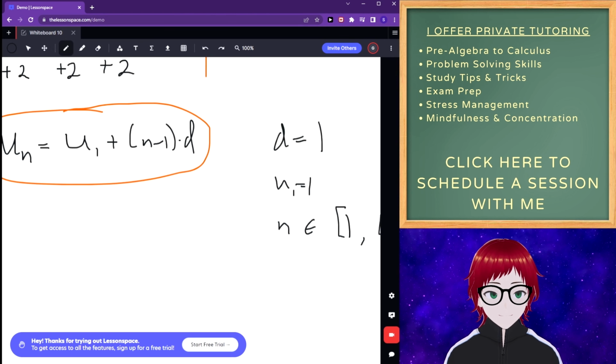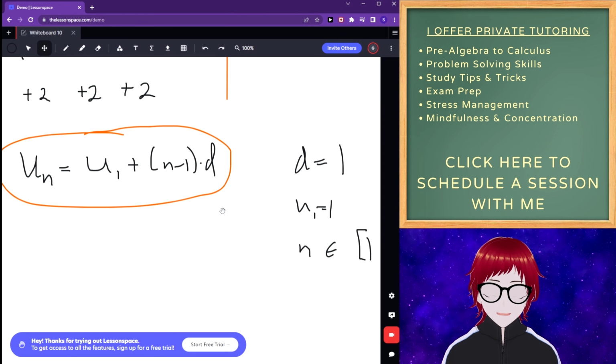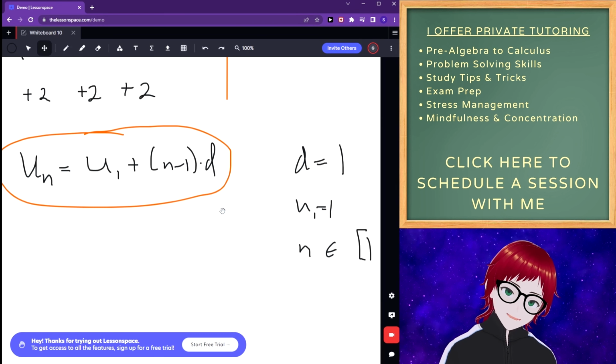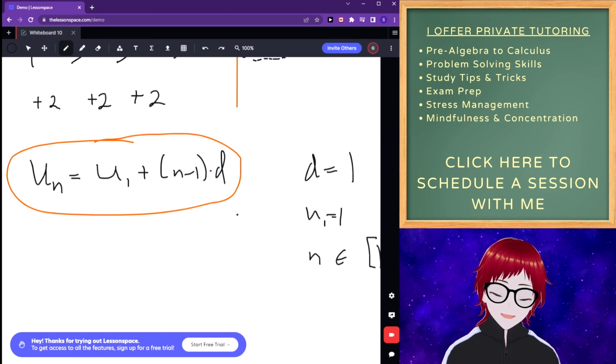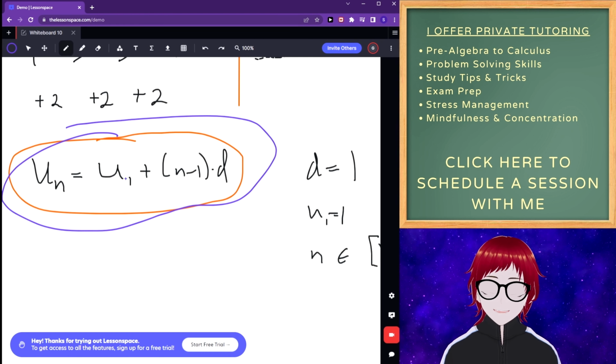Now, there are many different types of sequences, right? The only ones that you need to concern yourself with for the IB program are arithmetic sequences and geometric sequences. So this here, in purple, let's say, is an arithmetic sequence. A sequence is called arithmetic when the same value is added to each term to get the next term.